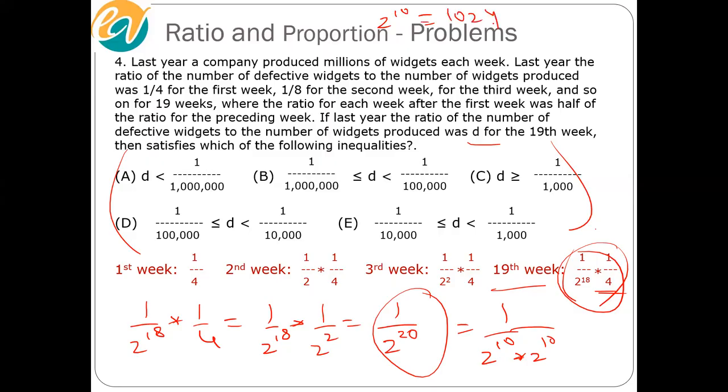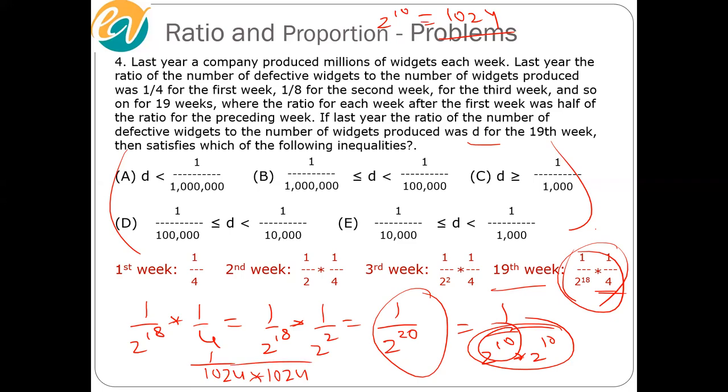2 into 2 into 2 into 2 into 2. Calculation wise, not difficult. So essentially, this is then what? 1 by 2 raised to the power of 10 is 1024, right? So 1024 into 1024. Correct?